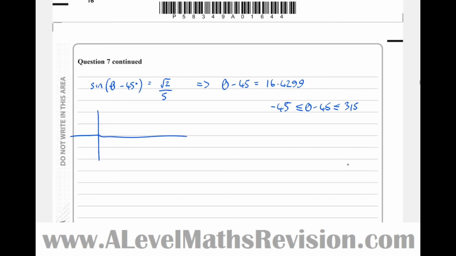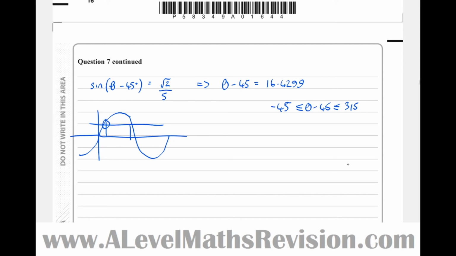So drawing the graph. So we'll draw a little bit more than we need. So there's 0 to 360, but we only need up to 315. Let's go to minus 90 on that side. So 16.4299, we can see that actually extending the domain had no effect. So there we go, two answers.